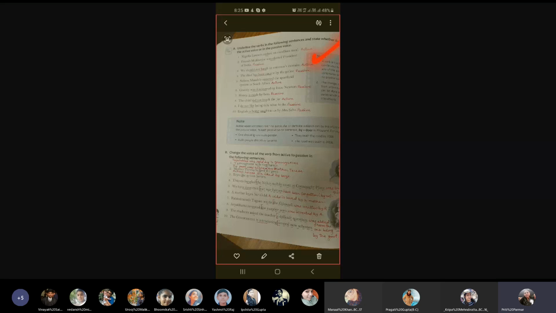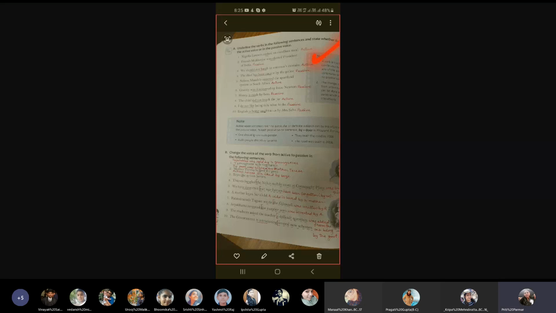Number three, boys like action heroes. Underline like, and we are going to change. Action heroes are liked by boys. Number four, thieves burgled the Nokia mobile store at Connaught Place.